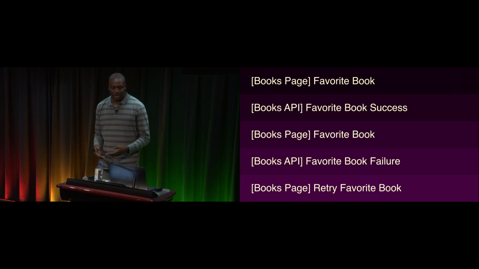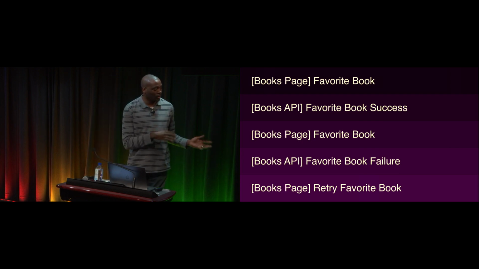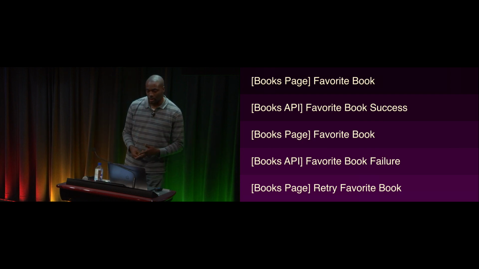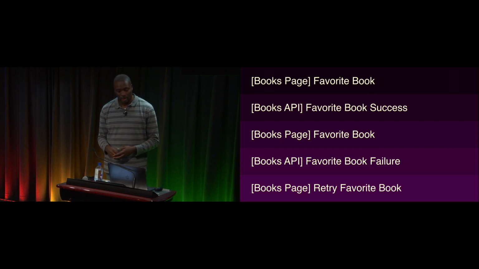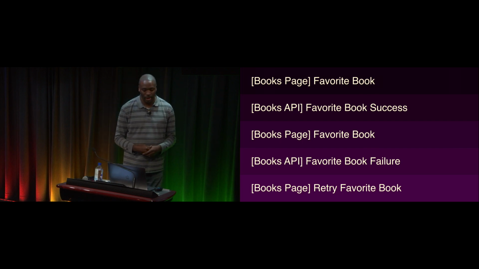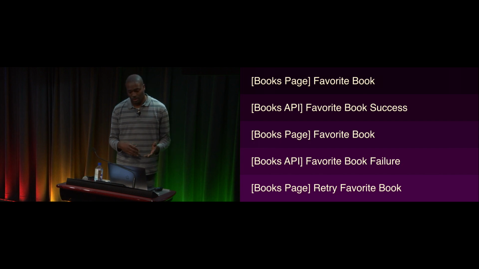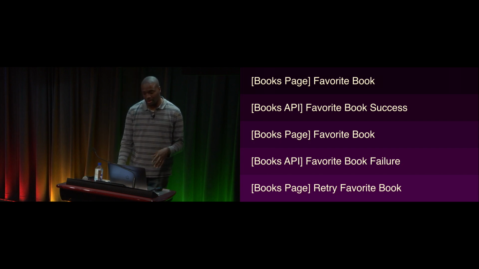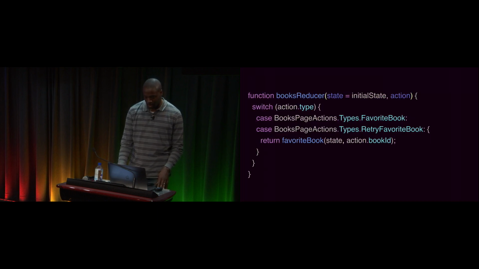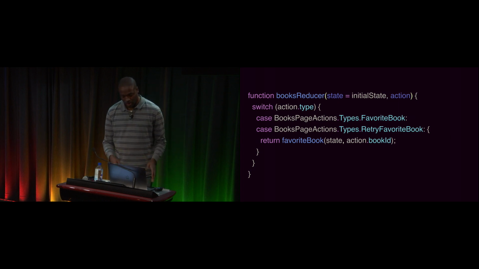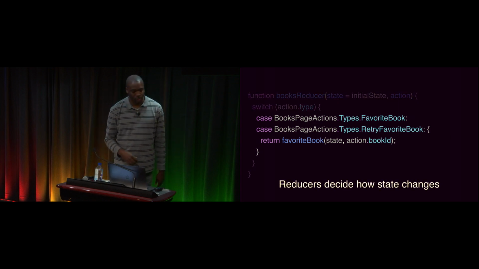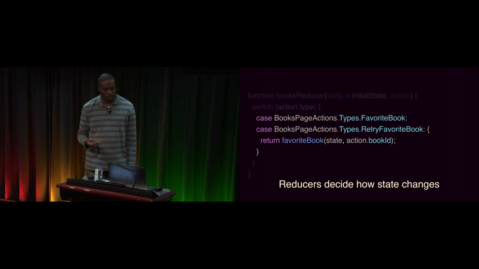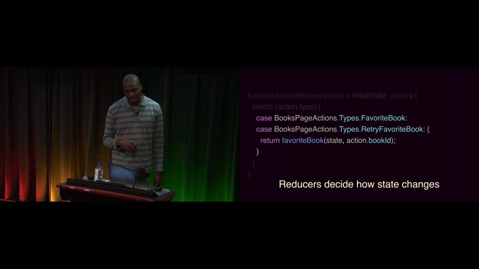Here we have some actions that define different interactions that are coming from the user, like favoriting a book, or interactions with the API, where we're getting that result back. We're declaring these intents or events of things that happen in our application. So then we have our reducer. We have a books reducer here, and reducers take these actions and decide how state changes.